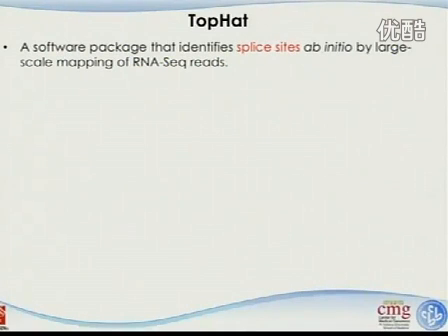So now let's talk about TopHat. This is a software package for identifying splice sites by large scale mapping of RNA sequencing reads. The reason I talk about it is, first, it is very popular. It's the most popular approach for RNA sequencing alignments.